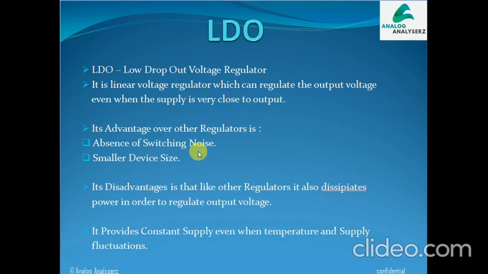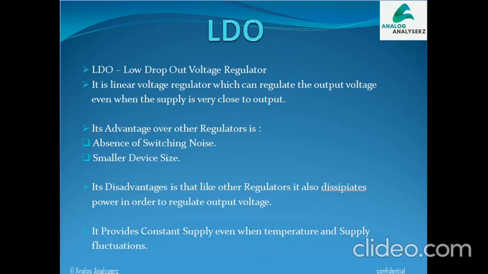The advantages of LDO over switching regulators are absence of switching noise. In switching regulators the voltage is regulated by switching the diode or the MOSFET on and off, due to which there will be switching noise, whereas in the LDO there is no switching, so there is absence of switching noise.